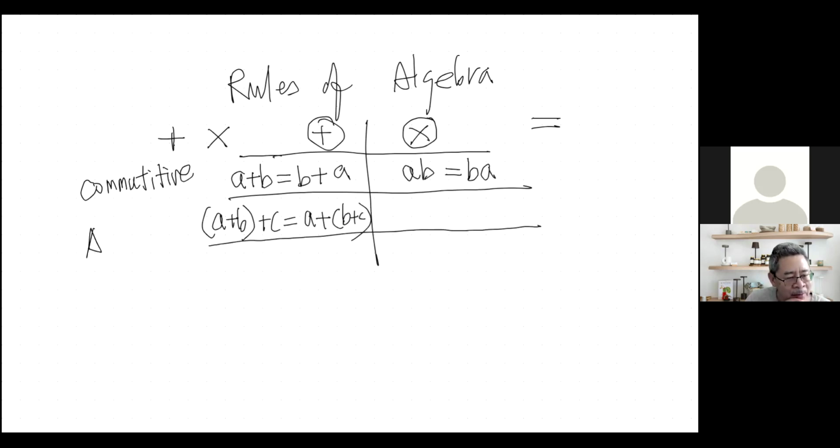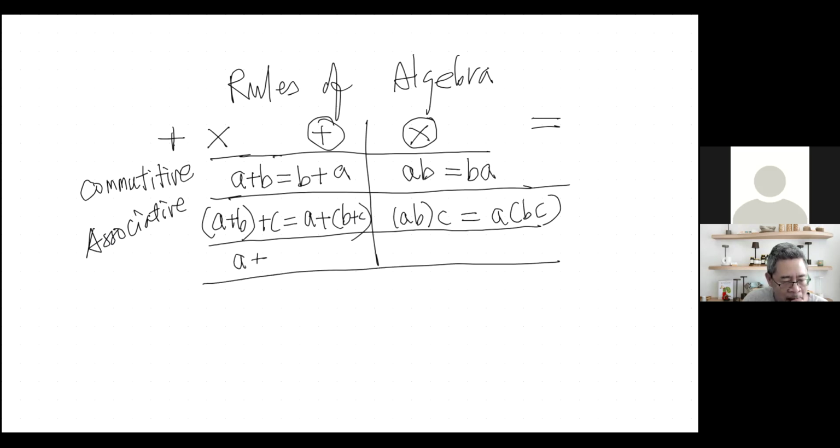Basically saying when we add, it really doesn't matter which two we start with. And that's the same thing for multiplication. And then we have A plus 0 equals A and A times 1 equals A.